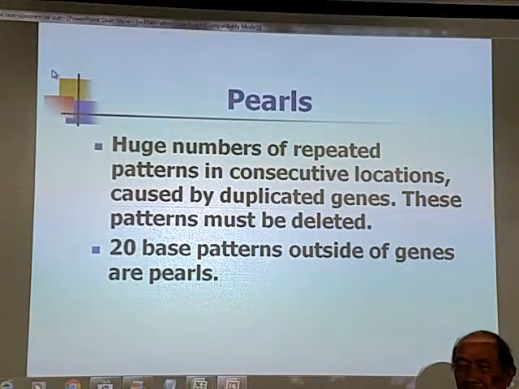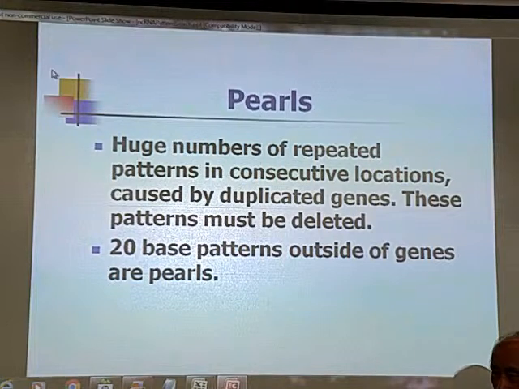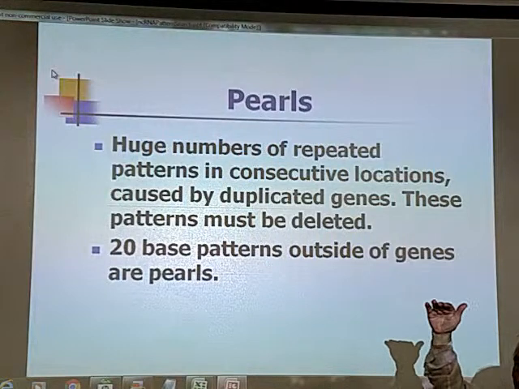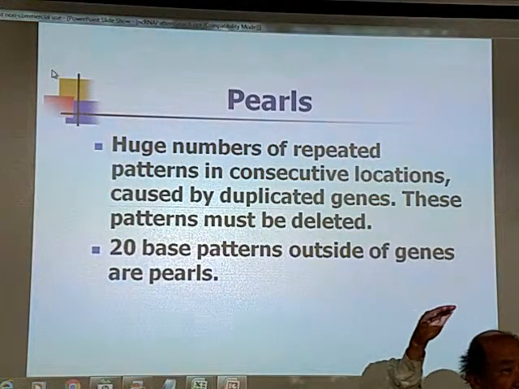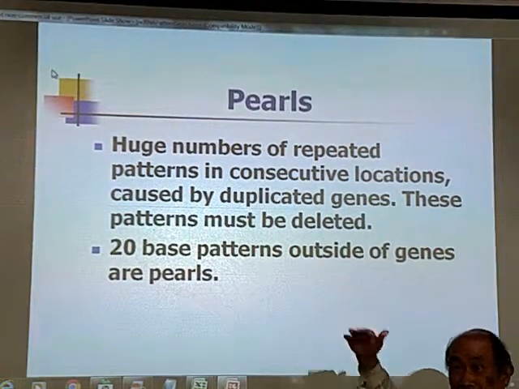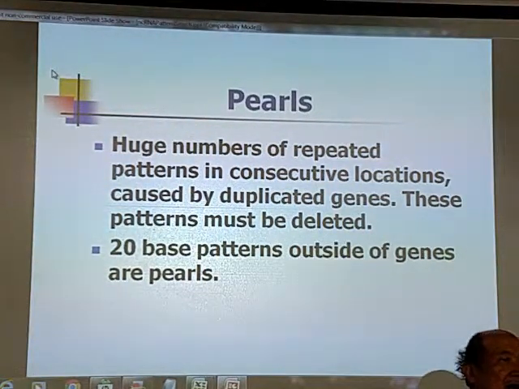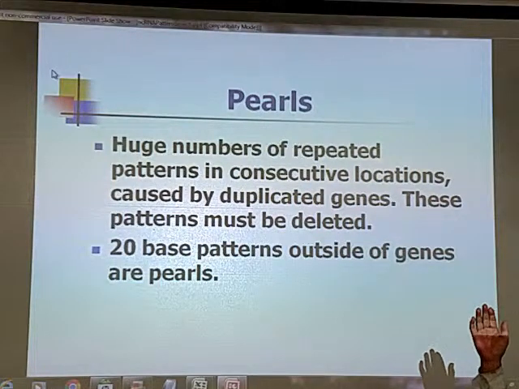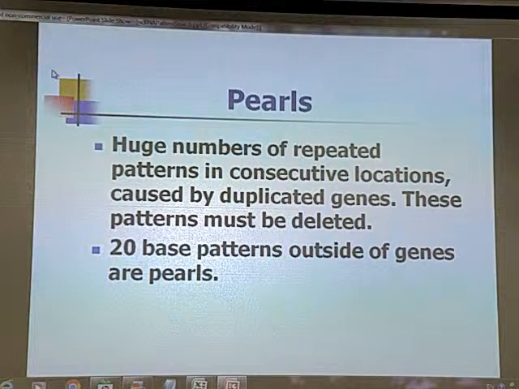When a gene is repeated, if the gene is 3,000 bases long, you get 3,000 of these consecutive repeat patterns. And this is not what I'm interested in. I'm not interested in the protein, or in these very long repeated patterns. So I have to eliminate all these things and look for only isolated 20-base-pair patterns.